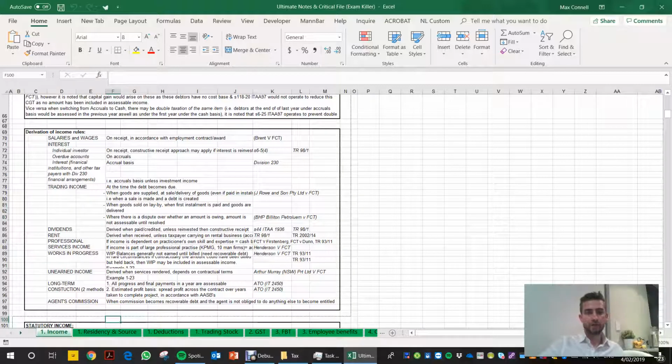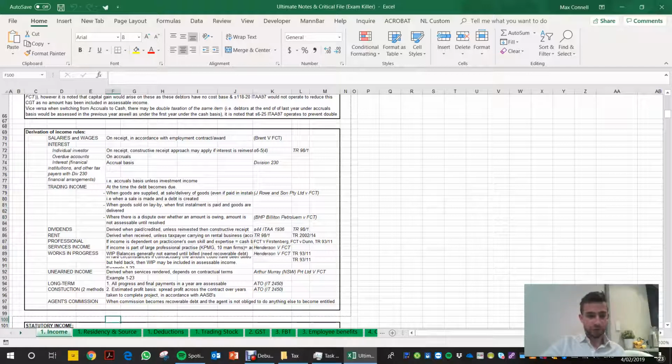For example, you might have a debtor who has not yet paid and you've specified that they must incur interest. You wouldn't recognize that income when you receive the cash, as you might not receive the cash. You recognize it throughout, when it's earned. The last one is interest from financial institutions like banks, which is on an accrual basis as well.